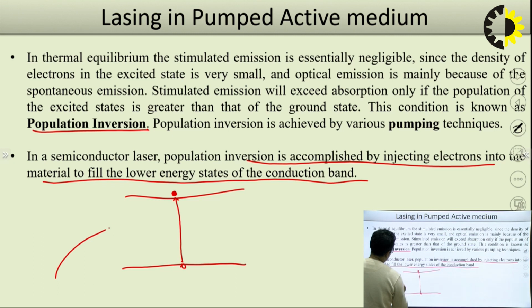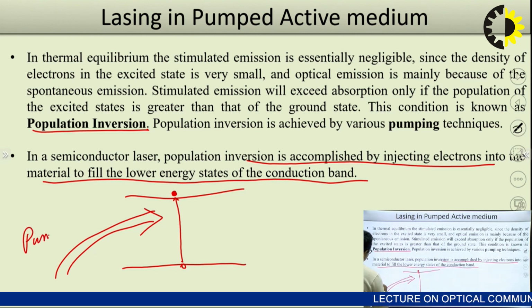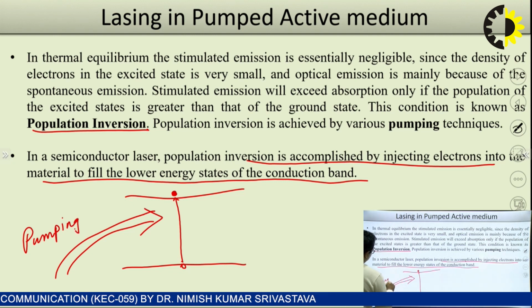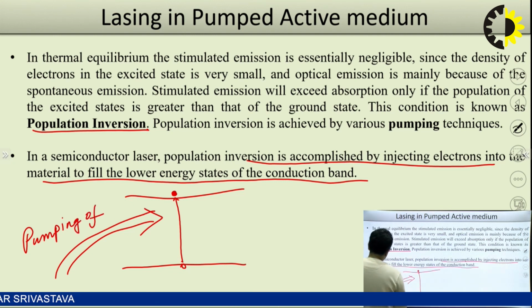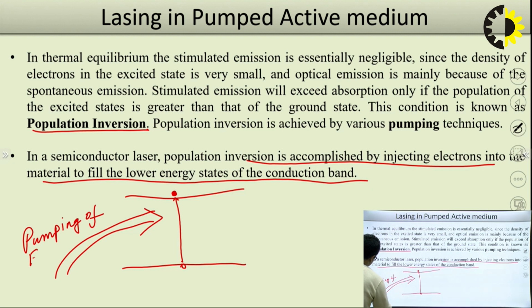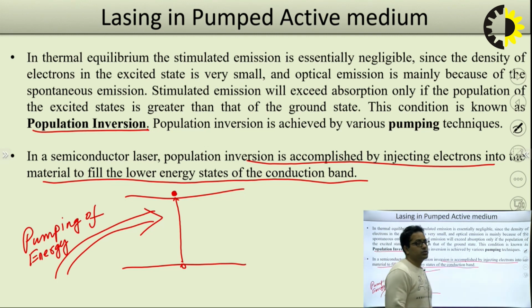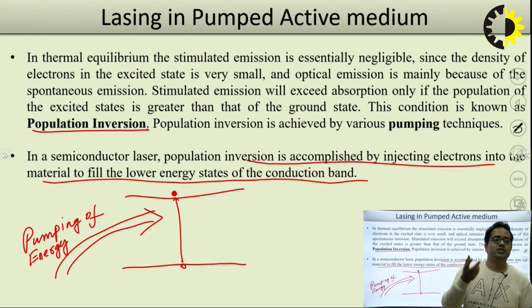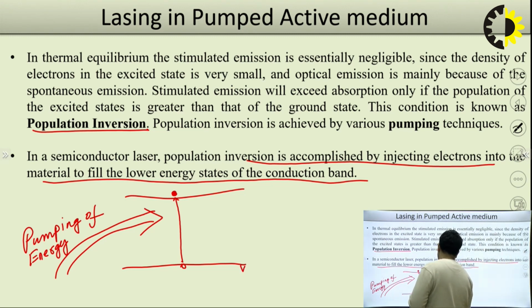So we are providing extra energy to the carrier so that it moves from the valence band towards the conduction band. This is your valence band and this is your conduction band.